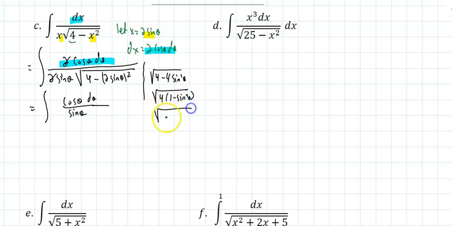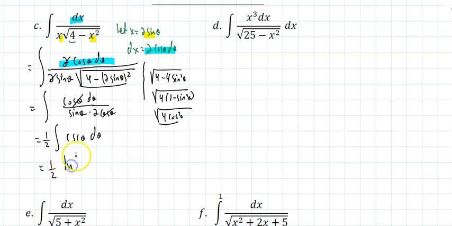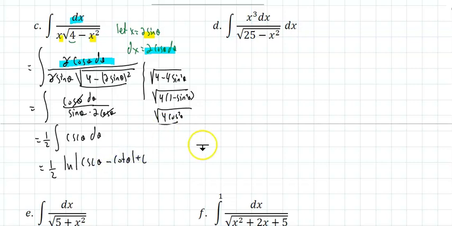And that is the square root of 4 times the cosine squared of theta. So this radical right here will yield twice the cosine of theta. Those cancel out. That is 1/2 the integral of cosecant of theta d theta. And if you remember what that was, natural log of absolute value of cosecant of theta minus cotangent of theta plus c.